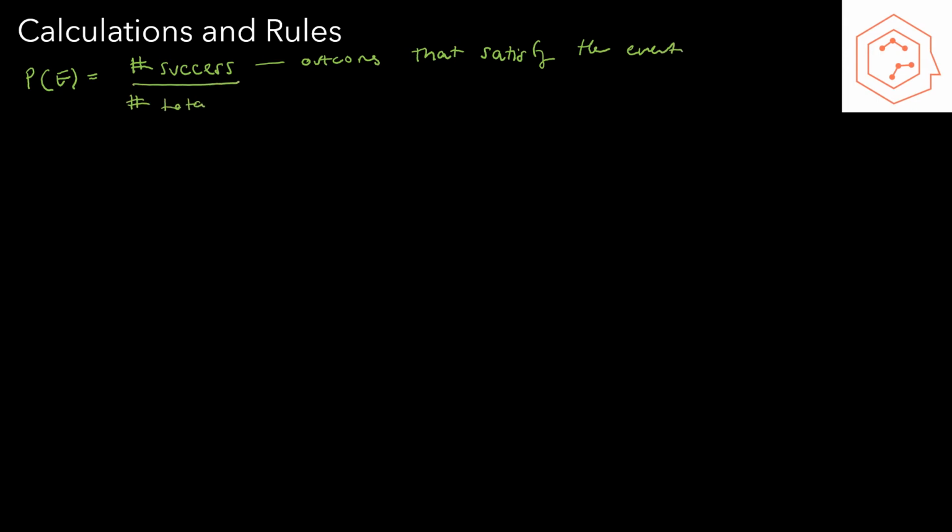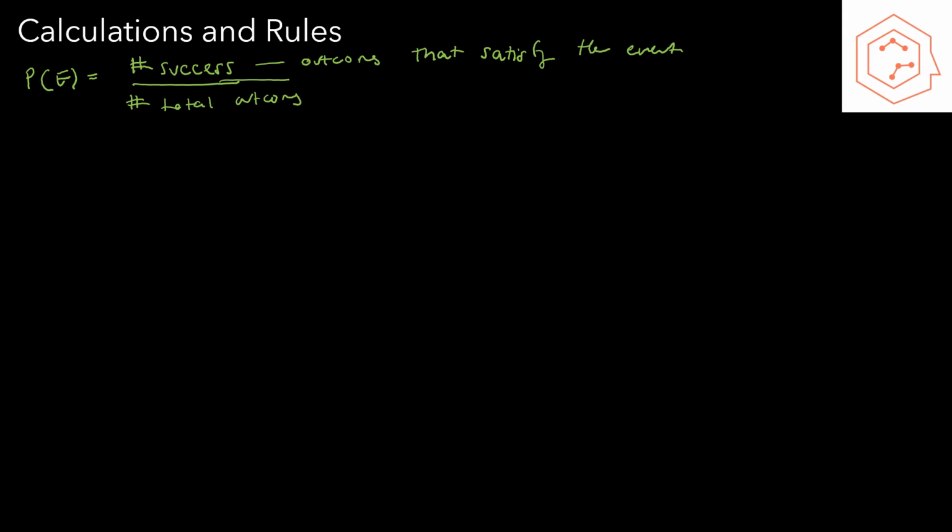So in order to calculate the probability of an event, so say we have the probability of some event, it's equal to the number of successes, so outcomes that satisfy the event, divided by the number of total outcomes, or the total number of outcomes.